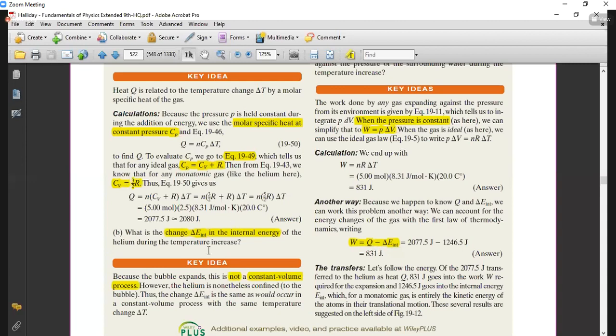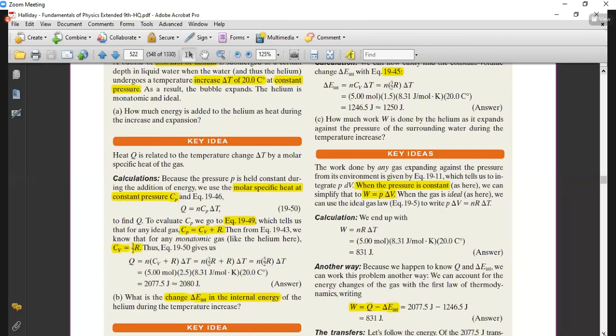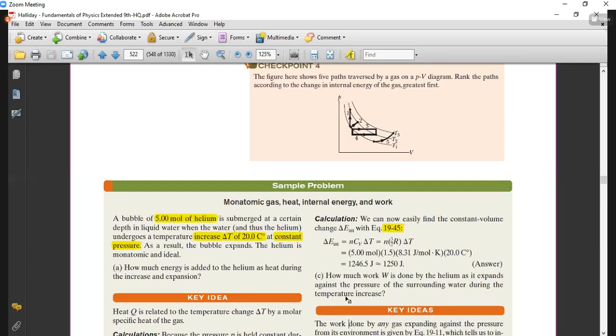You have already calculated Q from this equation, and you also calculated the internal energy from the above B part. You will just use the values in this equation, and the answer would be equal to 831 joule.